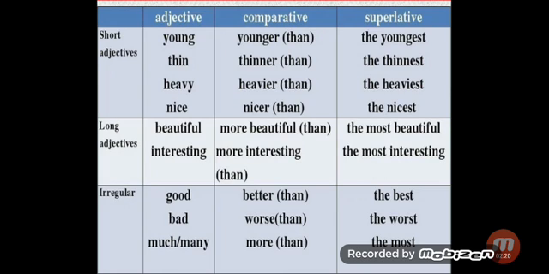More and most are always placed before adjectives in the positive degree. For example, long adjectives: beautiful, more beautiful than, the most beautiful. Interesting, more interesting than, the most interesting.